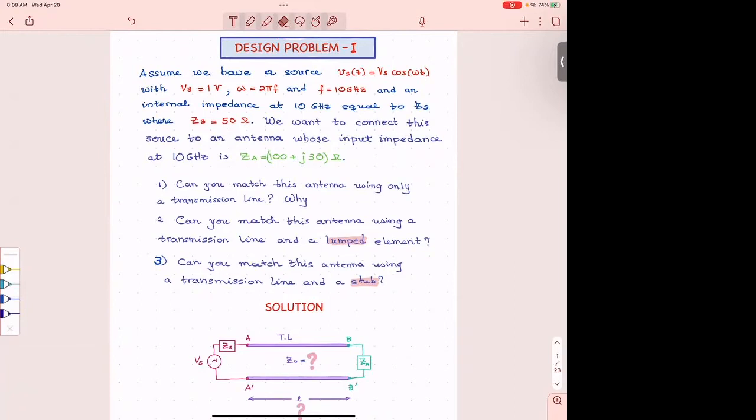And all of this with an internal impedance. We want to connect this source to an antenna. I don't see anything like that. But what do you imply when they tell you I want to connect my source to the antenna? Won't you understand that whatever you do, you have to make sure that the maximum power from the source goes to the antenna?